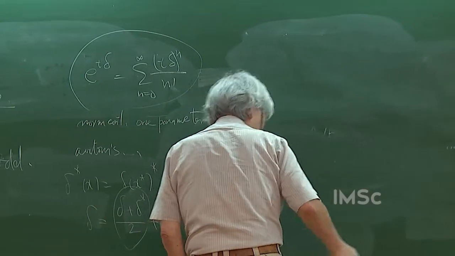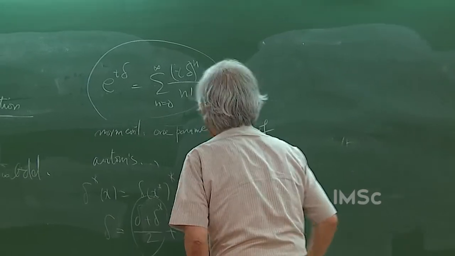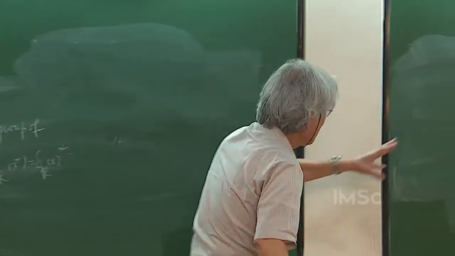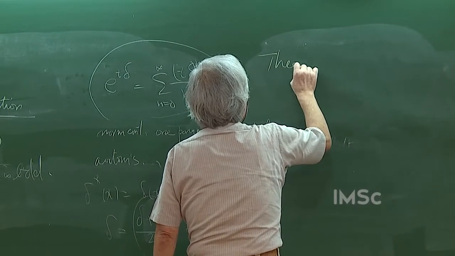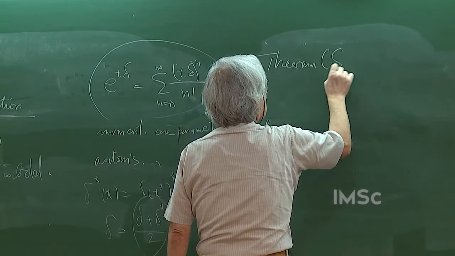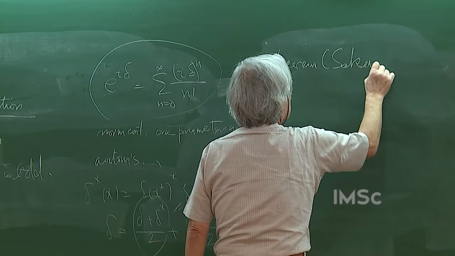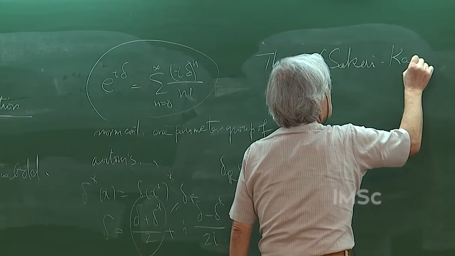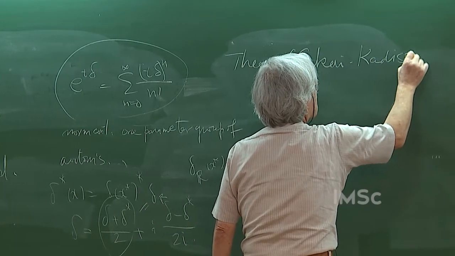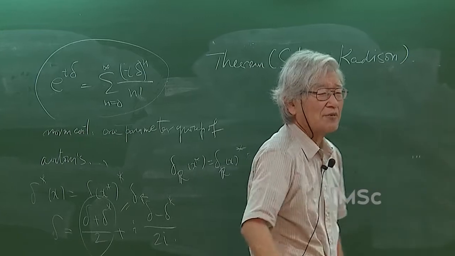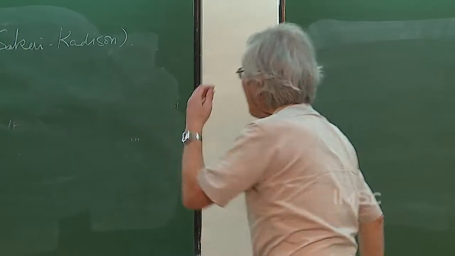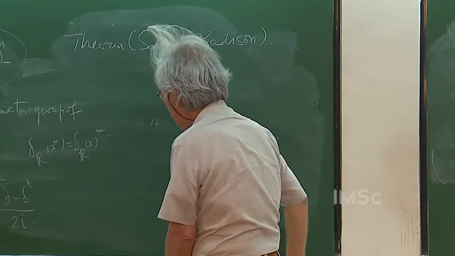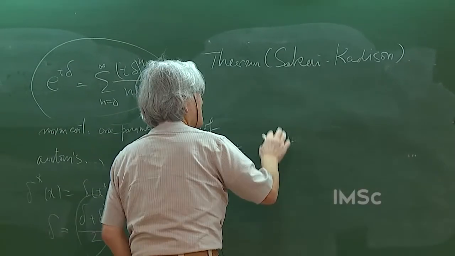Okay, what else is at hand for Borchers or the Sakai-Kadison theorem? Both papers appeared in the same issue of the Annals. It's not a joint paper, it's independent.